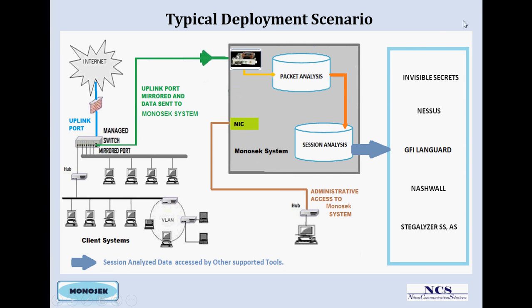And this packet analyzer gets the information from the Monosek card. It will create some files called KDF files, which will be used later for forensic analysis. So if you want to analyze the information in offline mode at any point of time, whatever we captured will be written into special files called KDF files.